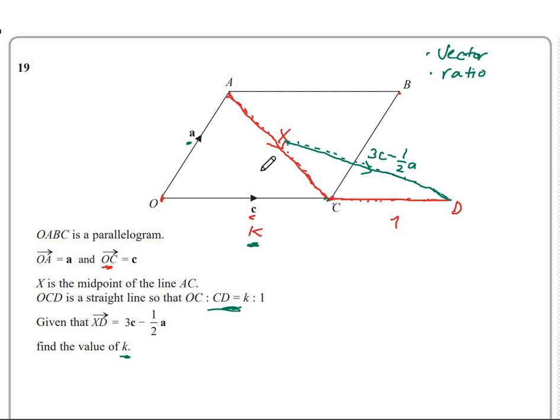So AC, let's write it up here. AC equals AO plus OC. Notice that AO is the negative of OA. We're going in the opposite direction of the arrow, so that's going to be negative.